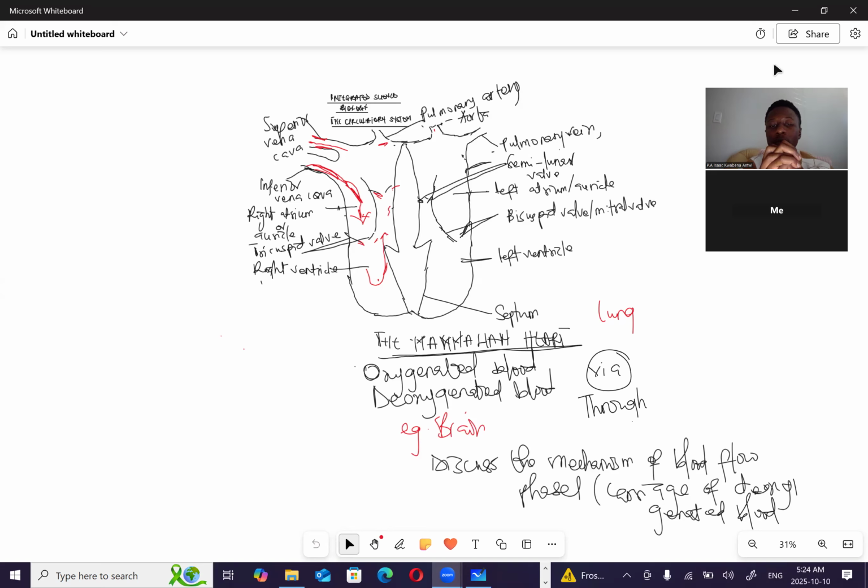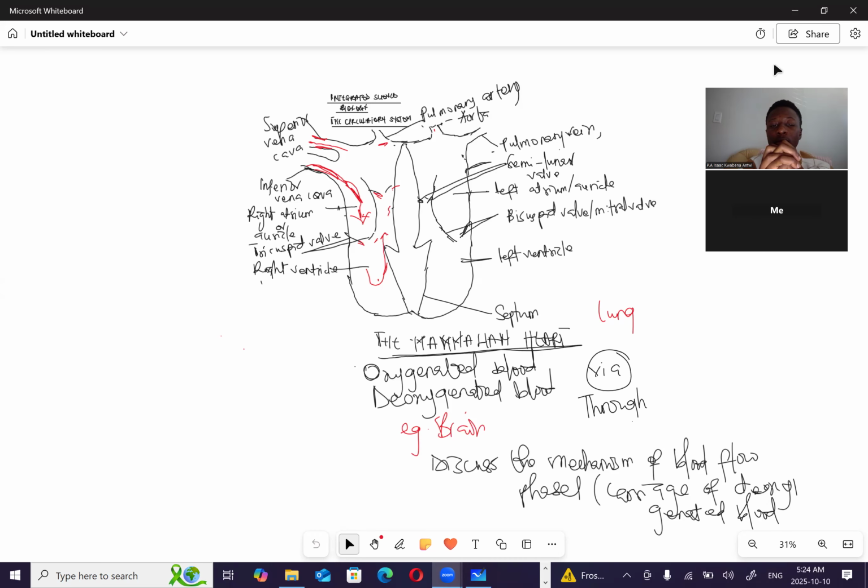It pushes through the tricuspid valve to the right ventricle.